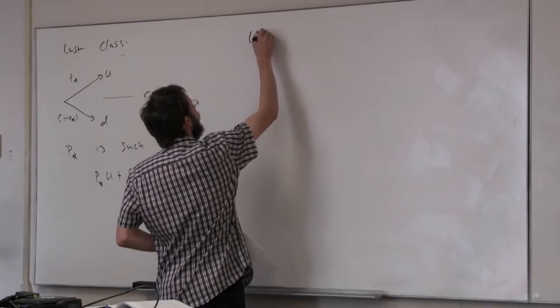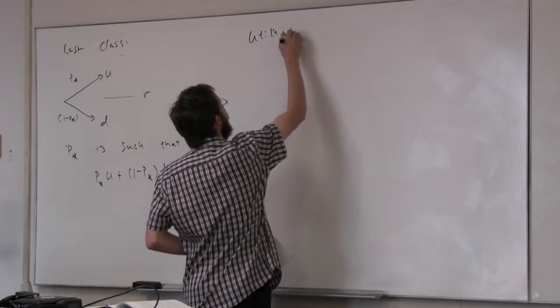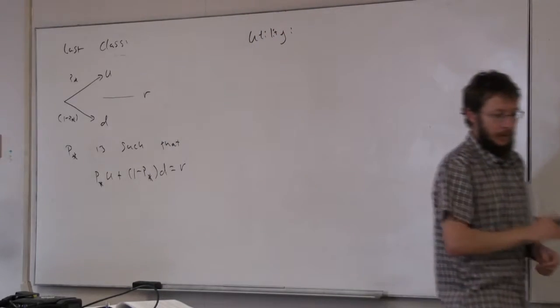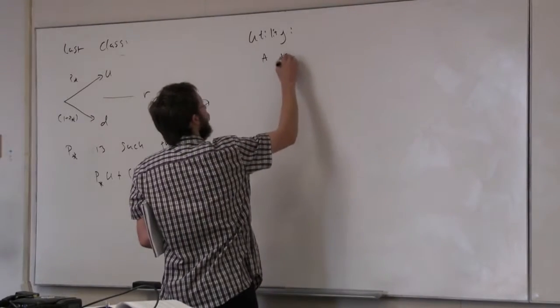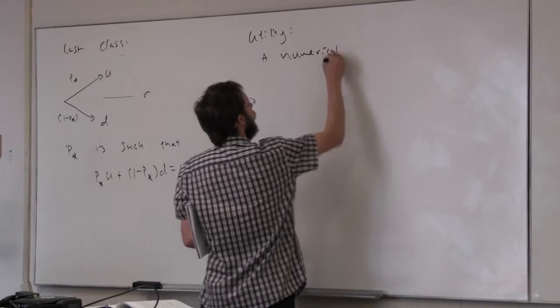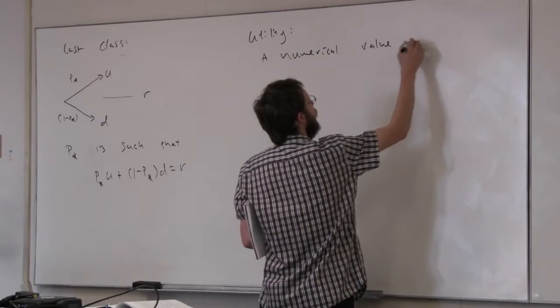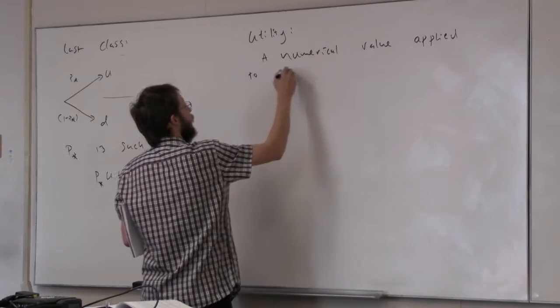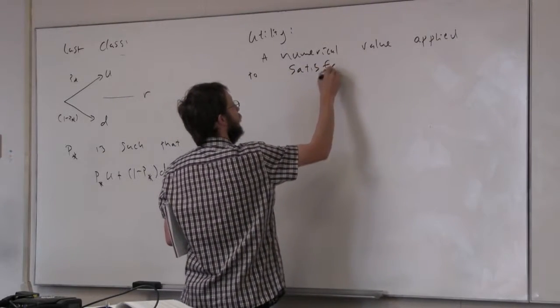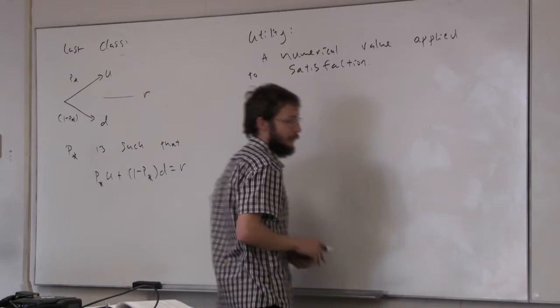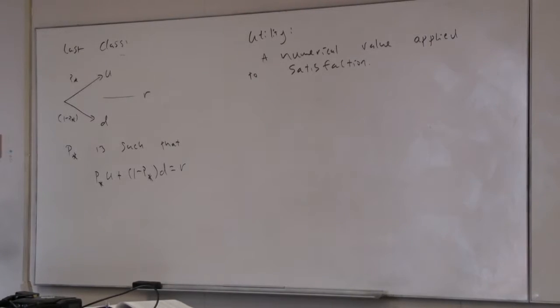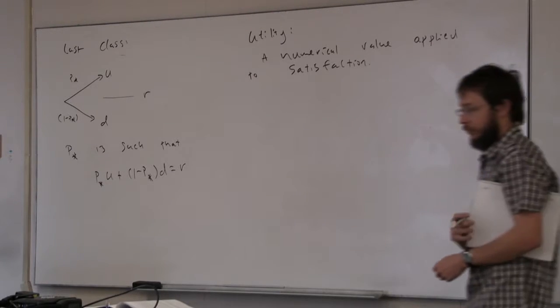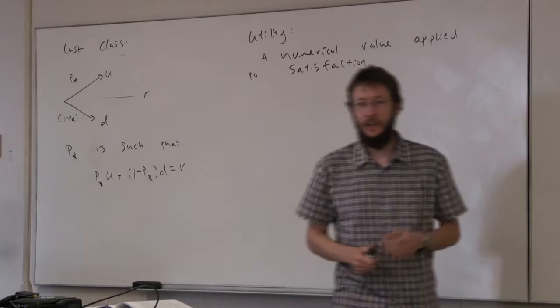Utility is a fictitious quantity, and you can describe it as a numerical value applied to satisfaction. And there's even a fictitious unit called a util, UTIL.